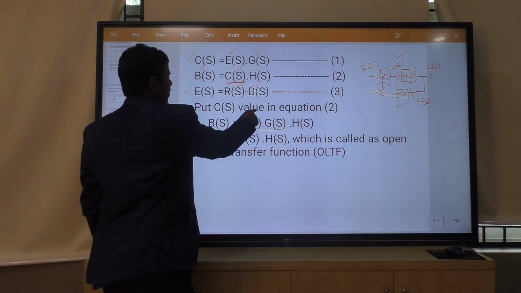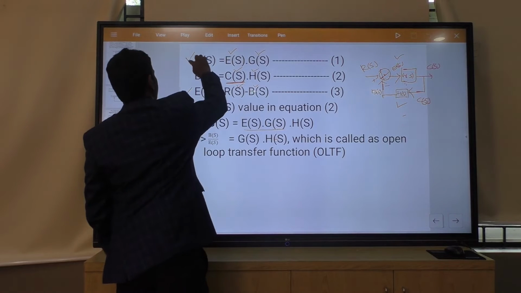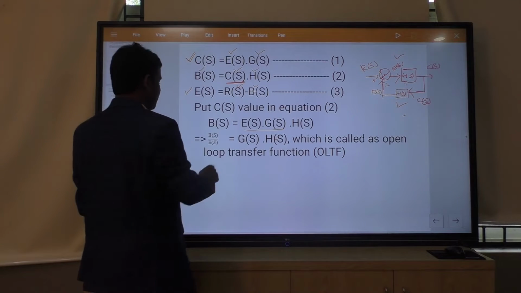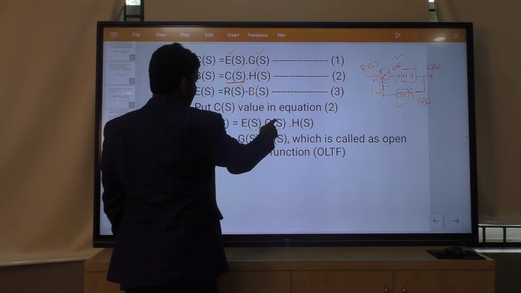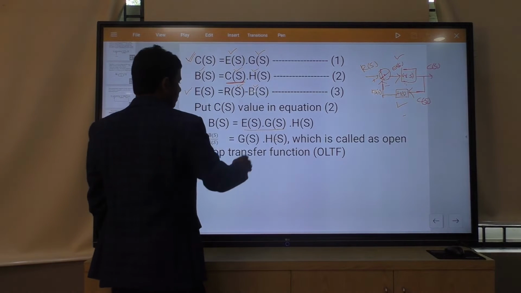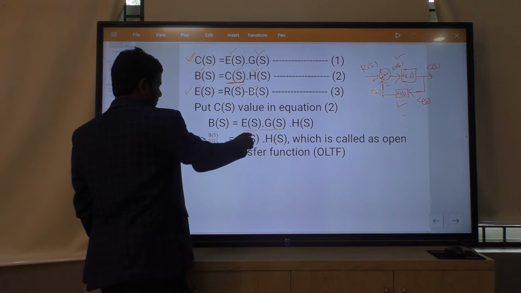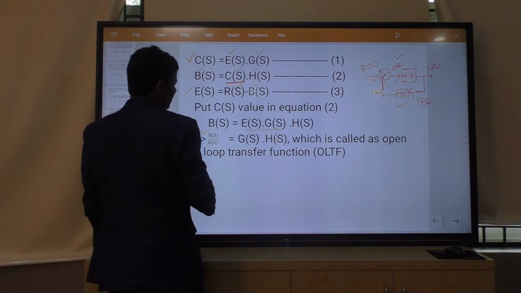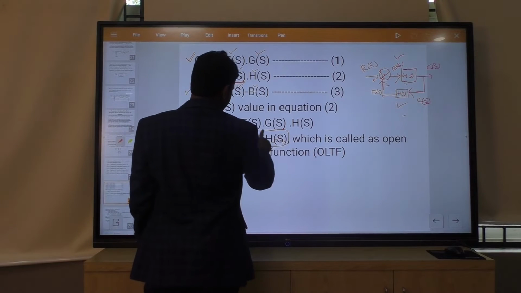So put the C(s) value in equation 2. What you get is B(s) is equal to E(s)G(s)H(s). Dividing both sides by E(s), we get B(s) by E(s) equals G(s)H(s).